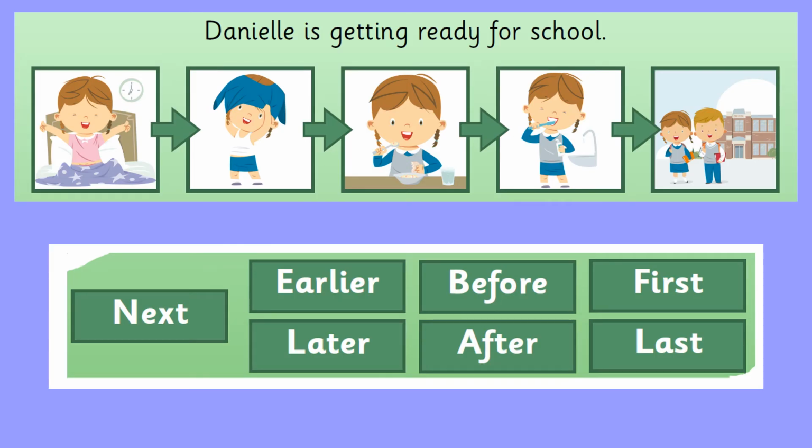These pictures show a girl called Danielle and how she gets ready for school. We're going to try and use some special time words to help us to describe how she gets ready for school.